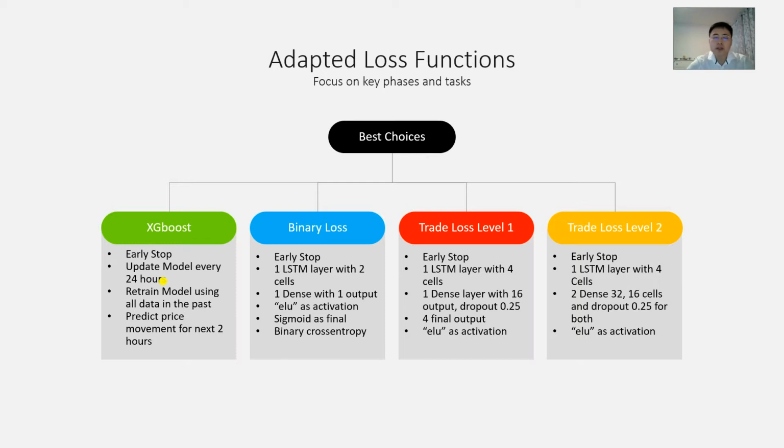Which one has the best probability to get profit from the market? That's a capital allocation problem. The third one is trade or not, which means if the market is risky, then the AI should decide to do nothing to avoid loss in the market.